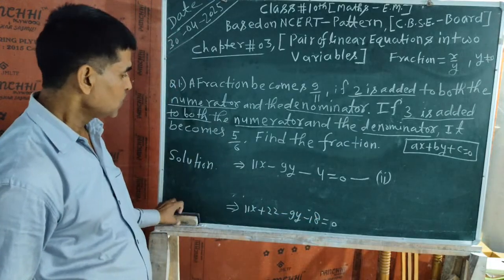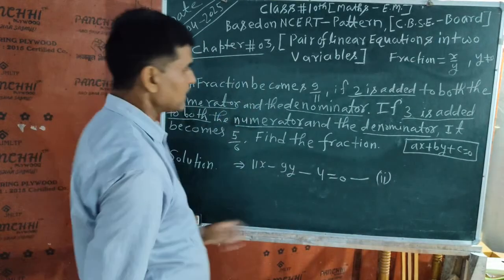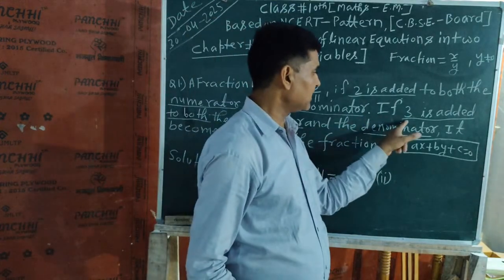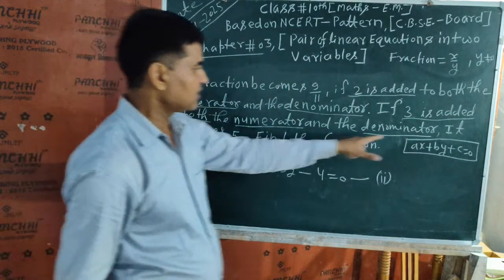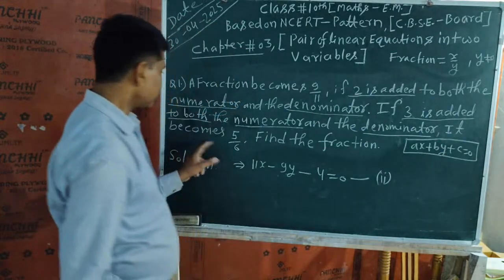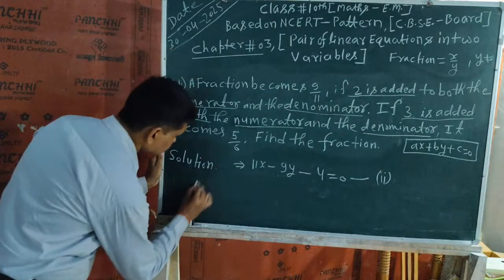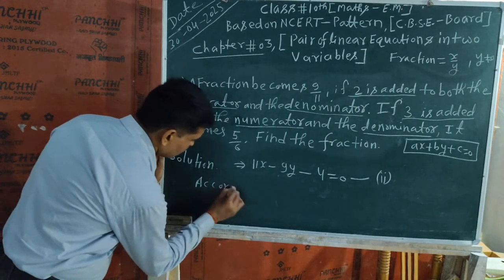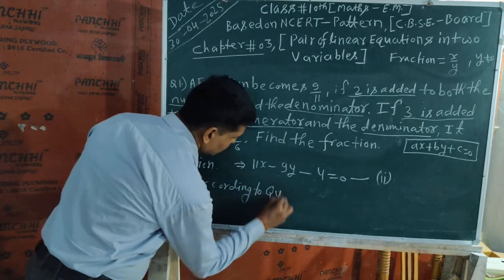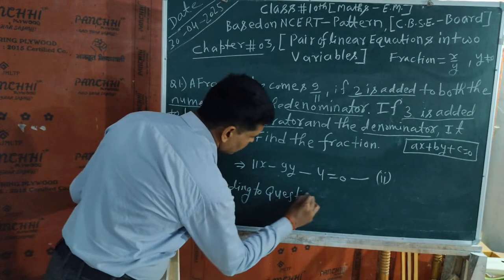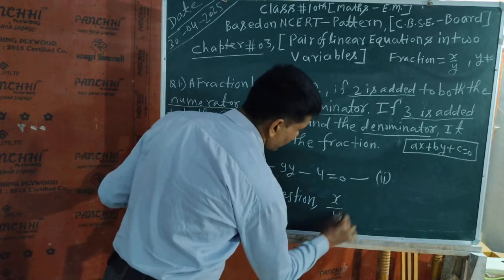Okay student, now I will use the second condition. It says if 3 is added to both numerator and denominator, it becomes 5 by 6. According to the question, again I will write the fraction x divided by y.